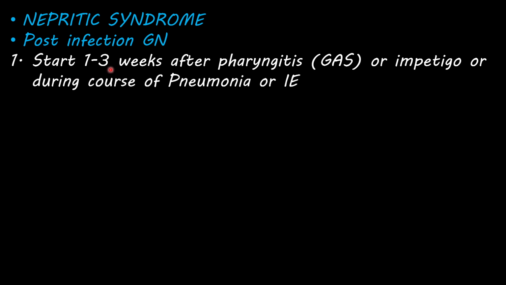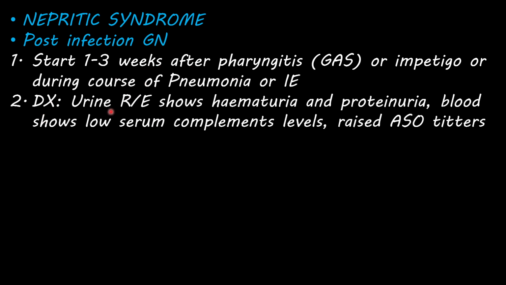Post-infectious glomerulonephritis usually starts 1 to 3 weeks after pharyngitis. Usually the pharyngitis is caused by group A streptococcus, or there will be a skin infection in the form of impetigo, or during the course of pneumonia or infective endocarditis there will be this post-infectious glomerulonephritis, but mostly it is 1 to 3 weeks after pharyngitis. Urine will show hematuria, as usually occurs in nephritic syndrome, and proteinuria.